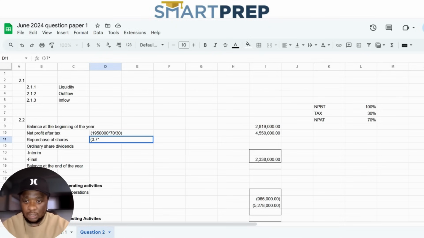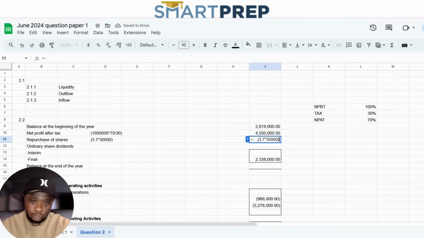So it's just going to be 3.7 multiplied by the 30,000 shares, and that will work out to 111,000, and remember that it would be a negative amount.